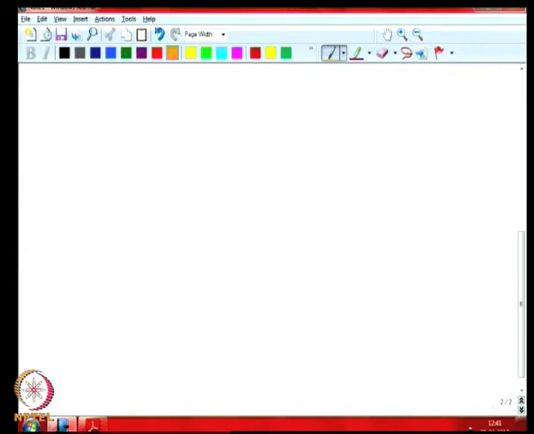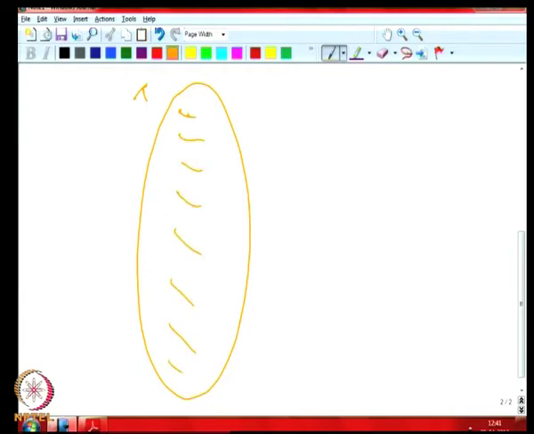So, again we will draw a bigger figure. This is our T. Here we have these partial lists; each list is written here. Each list has k elements, taken from 1, 2, 3 up to n.